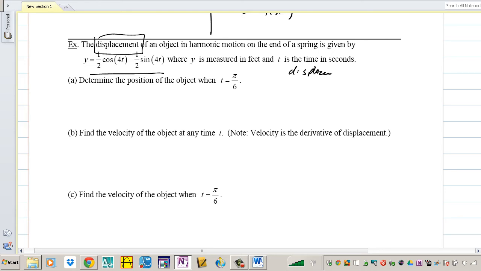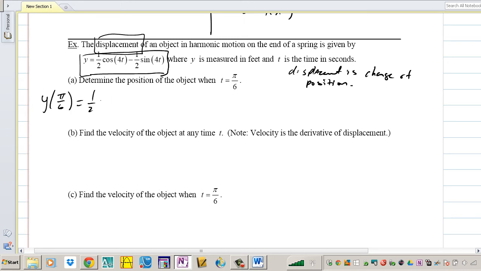Displacement is change of position. So y represents the position function, because this is the displacement function. So simply plug in pi over 6 into y.